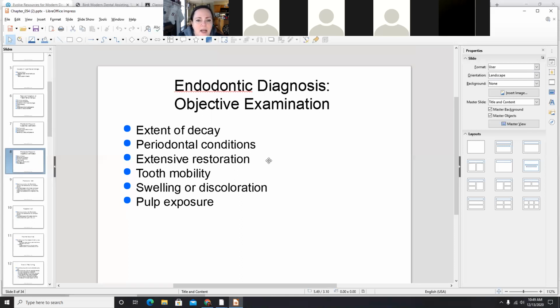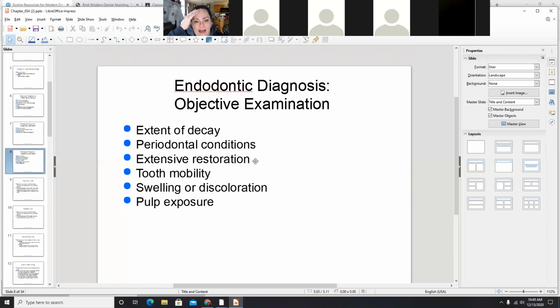Extensive restoration. So we talked about last week putting a liner, putting Di-Cal at the bottom of the restoration. If you go back to your notes and you notice that the decay was severe enough to put a liner, the possibility is always that that patient may at some point need a root canal. It means it was close to the pulp, right?